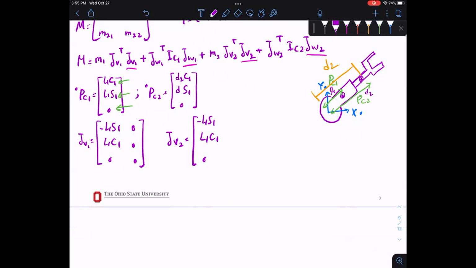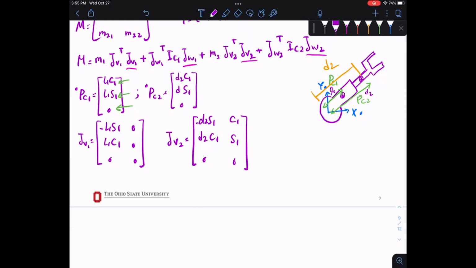Now the second column is the partial of PC2 with respect to D2, right? So for PC2, oh, D2, what did I write? L1, yeah. That was your question? Yes. So negative D2 sine, D2 cosine, and here, so this will be cosine, sine, 0.